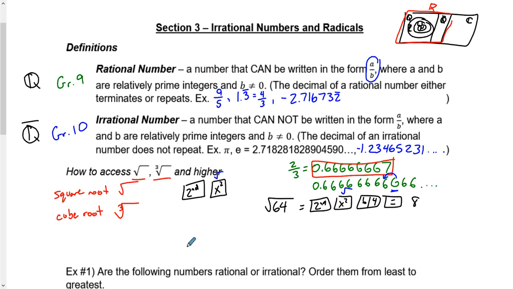Most calculators, though, so on the XA, I believe it has an actual cube root character, usually accessed through a second function. On the X2S and on many others, what you have to do is type in a few things. You have to type in the number 3. Then you would access your second function. On the X2S, it's on this one.